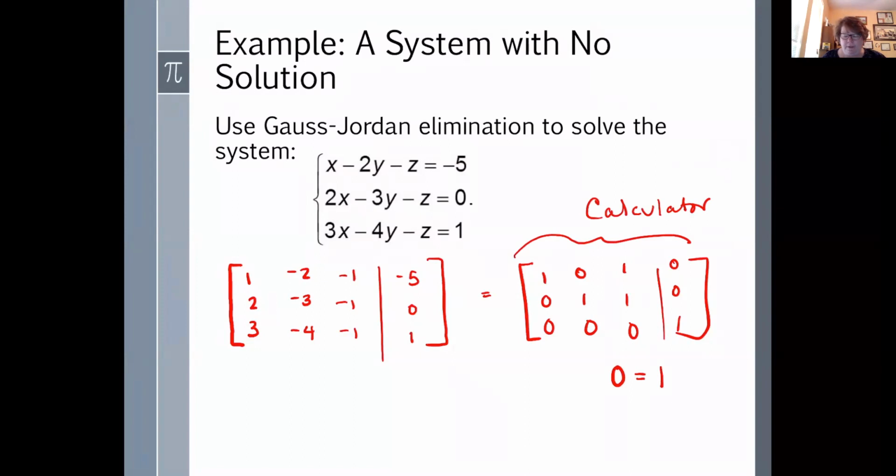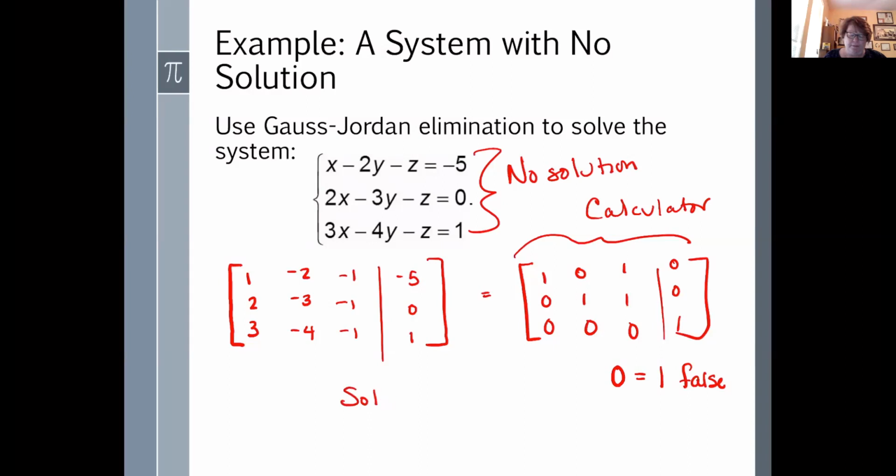That is not true. That is false. So this system has no solution. So we say it has no solution, it's inconsistent, or we can say that the solution is the empty set. So it's inconsistent, its solution is the empty set, it has no solution.